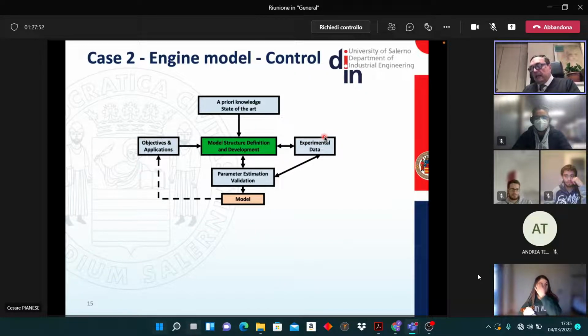For design, we need to identify the displacement, the length of the connecting rod, the bore, the number of valves, the diameter of the valves, the length of the pipes, the kind of cams that open and close the valves.